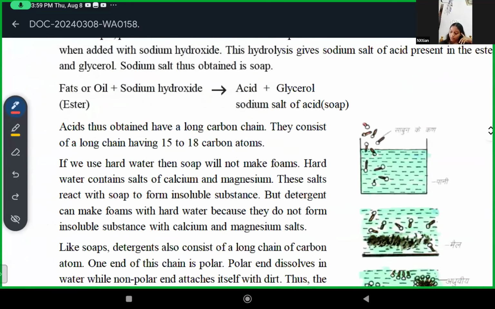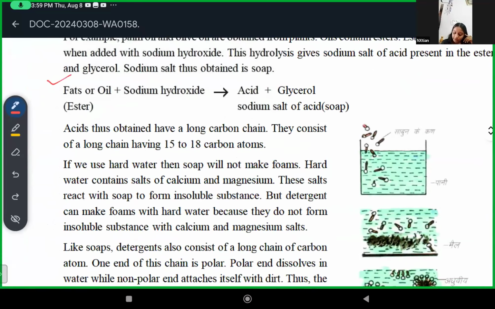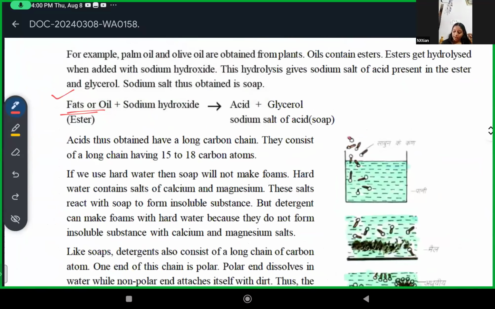When the fats or oil from animal or plant, that's your ester, is added with sodium hydroxide, it gives you glycerol and the sodium salt of the acid, that is soap.